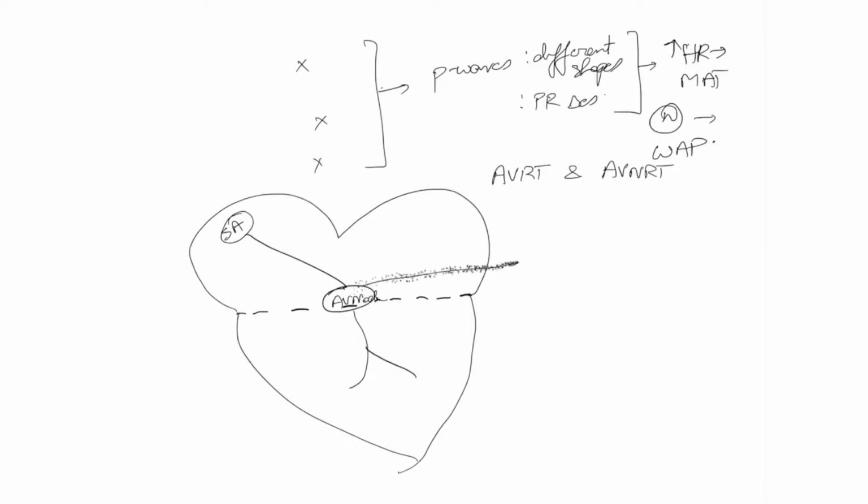Now, if there is a re-entry happening at this point, you would end up with AVNRT. So AVNRT is AV nodal re-entry tachycardia. And typically, what you would see is that because the impulse isn't originating from the SA node, the P wave is abnormal.